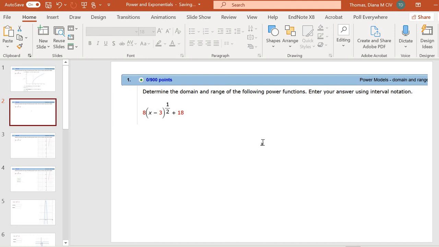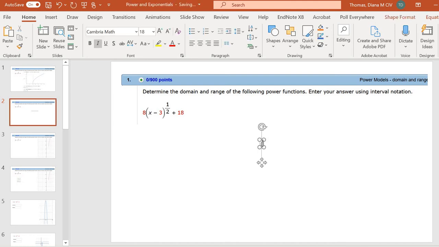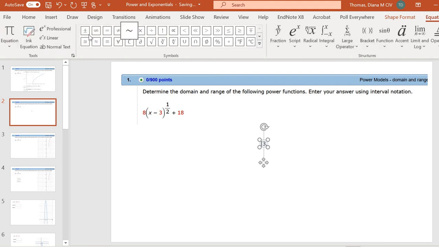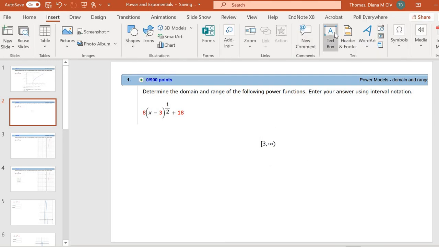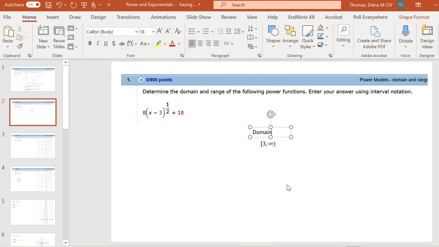So what I would type here is 3, because 3 was included. So I'd have a 3 there, and bigger or equal to 3 means it's allowed to stretch to infinity. So put infinity, and we always have an open bracket. So this is the domain in interval notation.